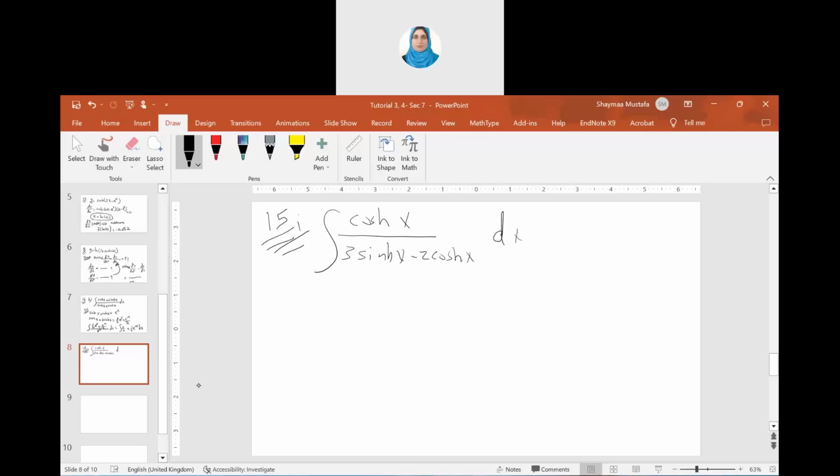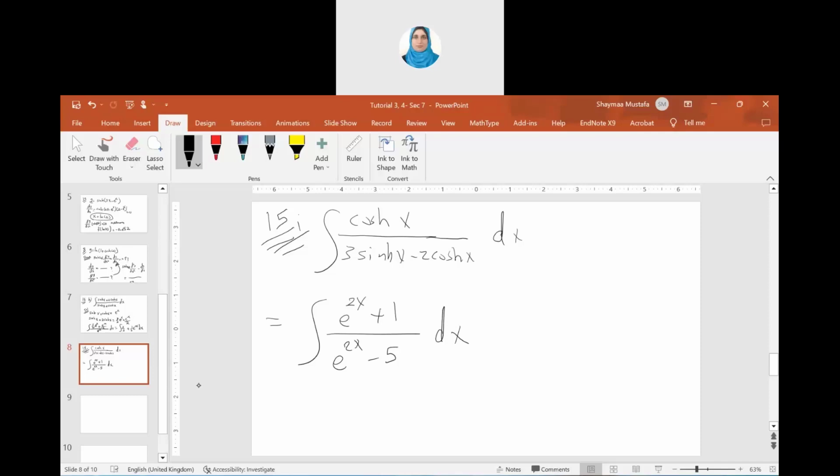Change the integration by definition. You will find this one, using definition, will be equal to this one: e to the power 2x plus 1 over e to the power 2x minus 5 dx.